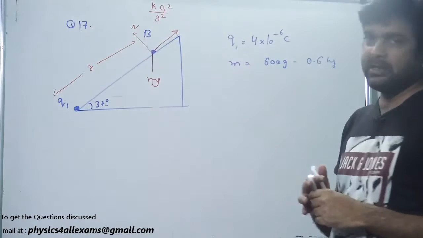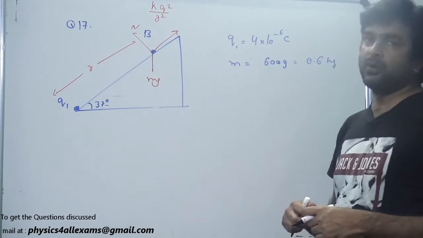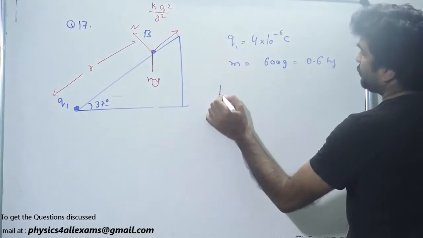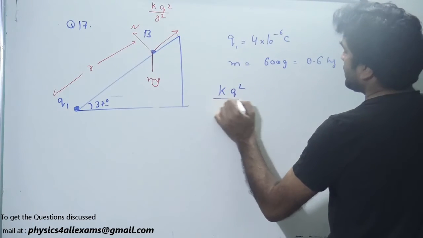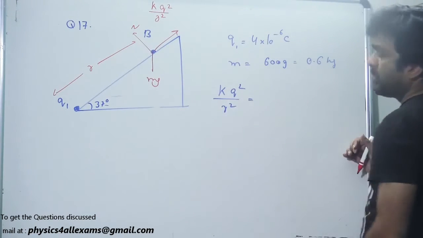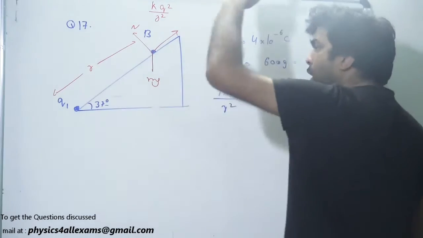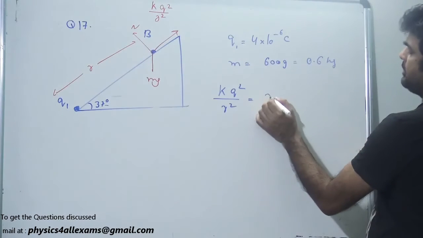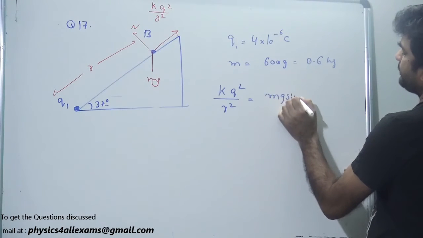For mass B, the net force on it should be zero. So the electrostatic repulsive force kQ^2/r^2 should be equal to the component of mg along the inclined plane, mg sin θ.